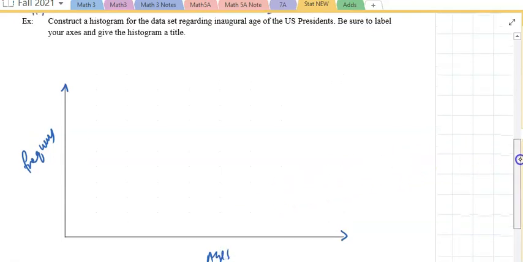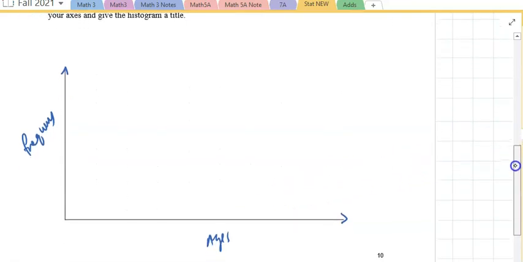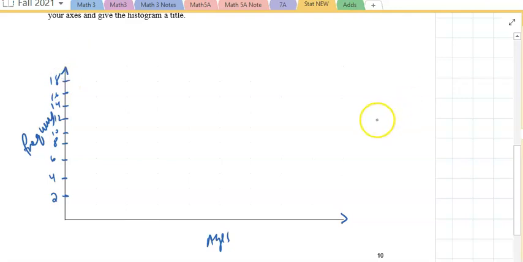I'm referring back to the paper in front of me. We had 2, 4, 6, 8, 10, 12, 14, 16, and 18. And make those equal so that the graph will represent the distribution.